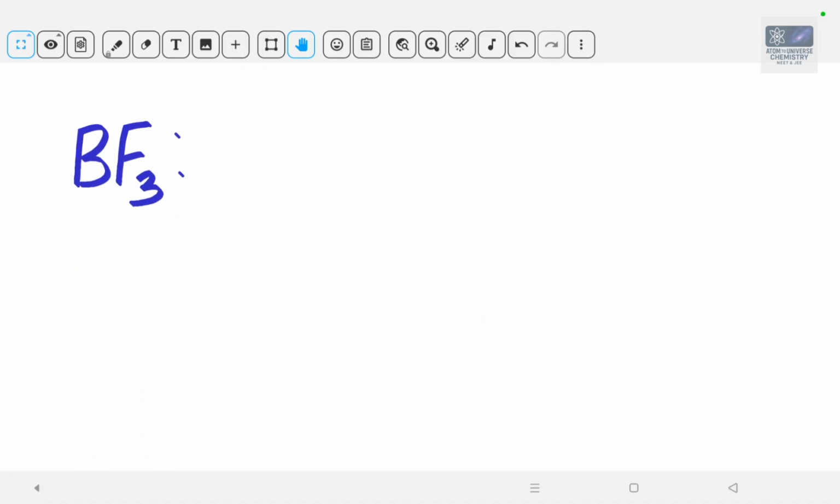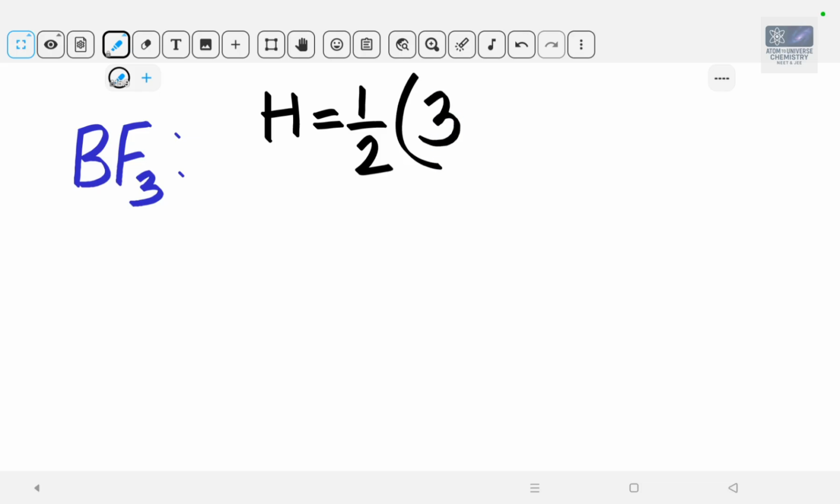Now we come to the next example. Here that is BF3, so put the formula H equals half, and the value of V will be 3, because there are a total of 3 valence electrons in boron, and the total number of monovalent atoms is 3.